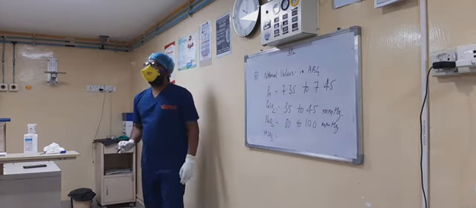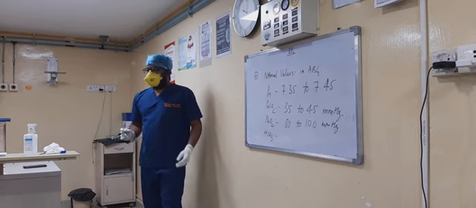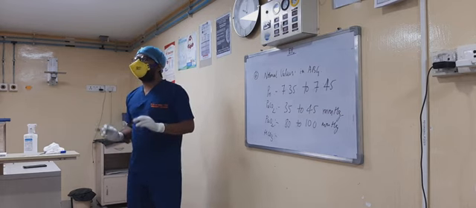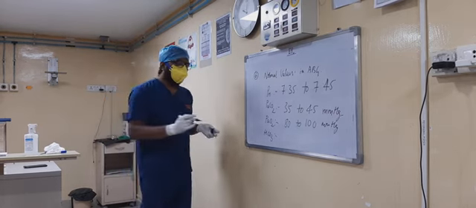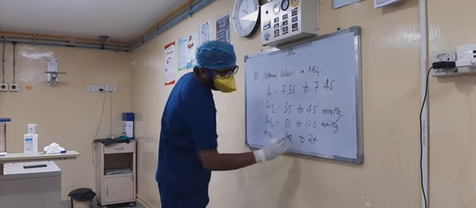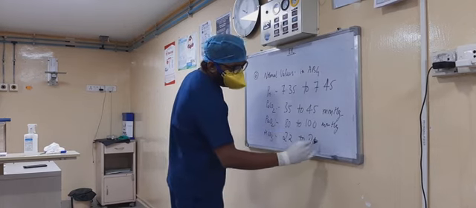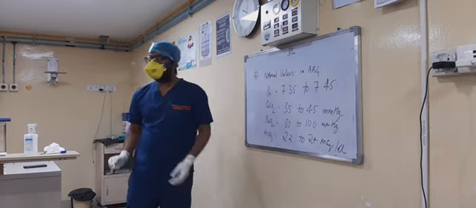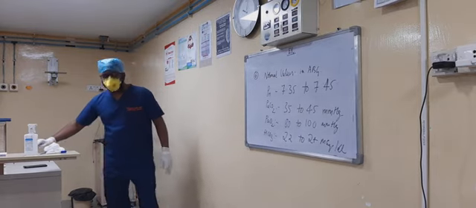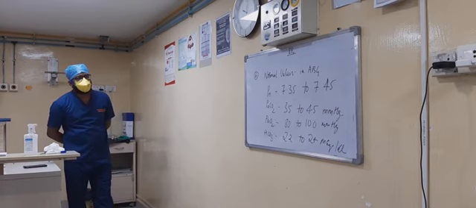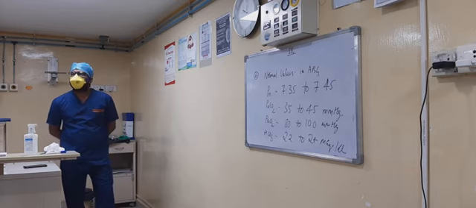Some books will tell 24 to 28, some books will tell 24 to 26. Most of the people will tell that it is 22 to 26. Okay, this is not mmHg because this is milliequivalent per deciliter. Okay, understood, no? pH, PaCO2, PaO2 and HCO3.